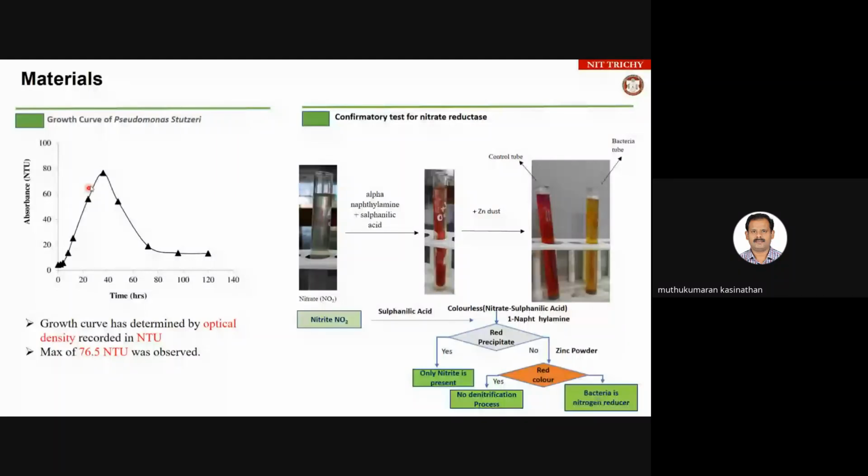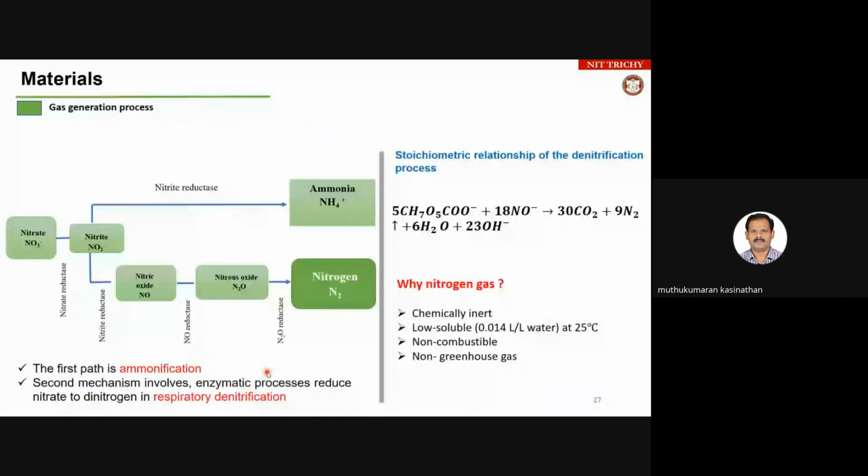With that, this particular bacteria should grow within the soil to make gas and accumulated air bubbles. After about 40 hours they got the maximum growth, and the maximum observed was 76.5, and this is a complete confirmation test for the nitrate radicals.